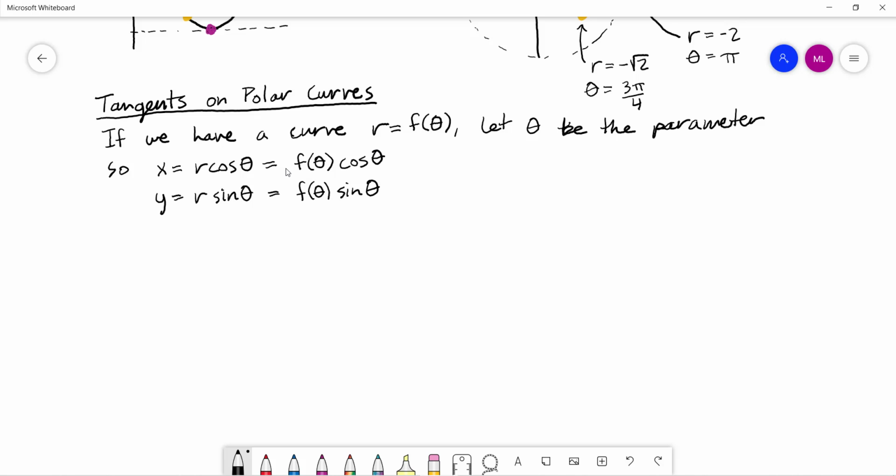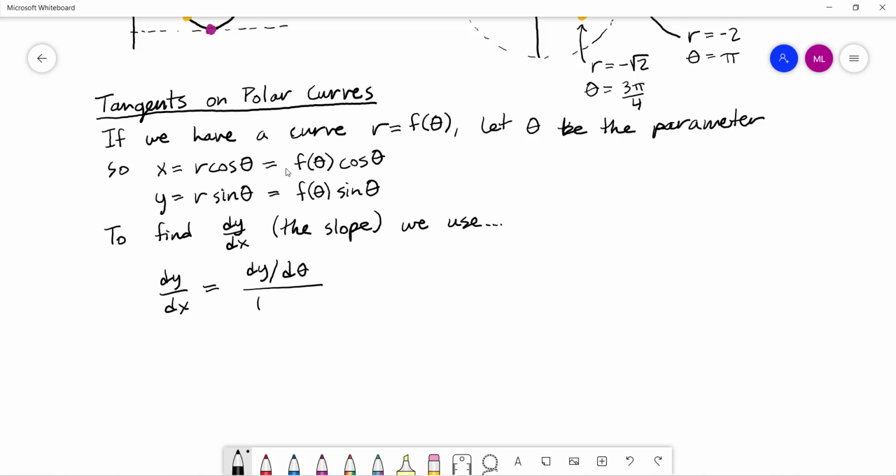So, to find dy dx, which is the slope of our tangent line, we can use the same approach that we did before. So dy dx is simply going to be dy d theta over dx d theta.